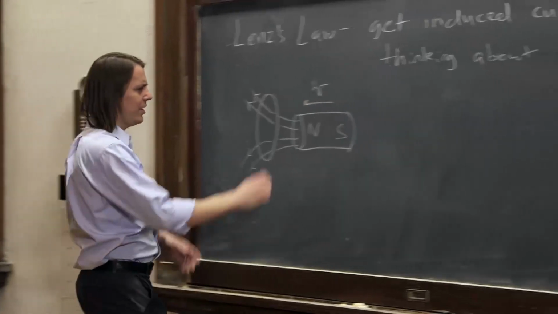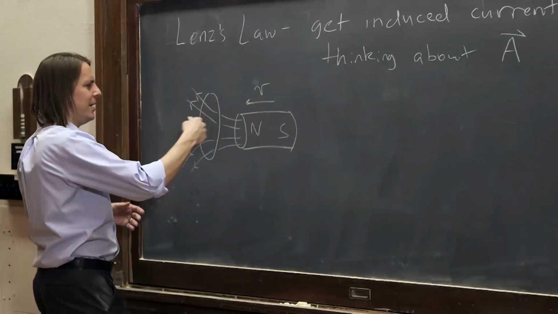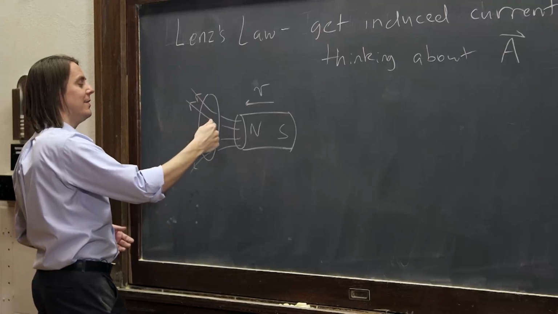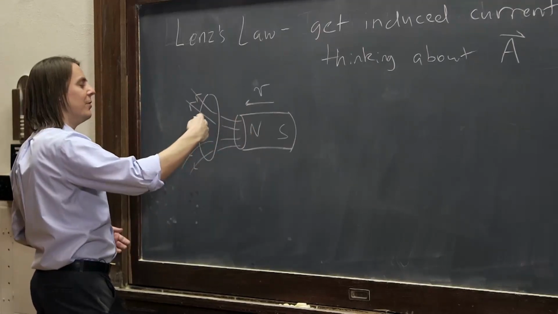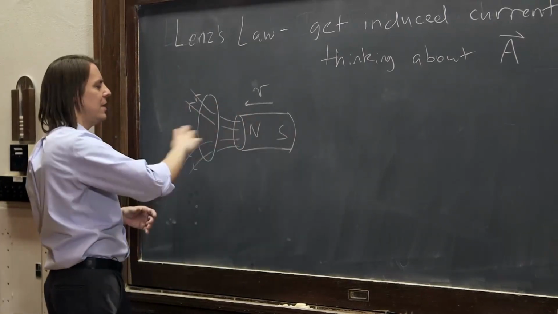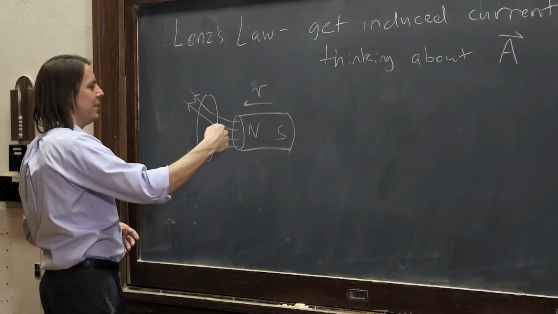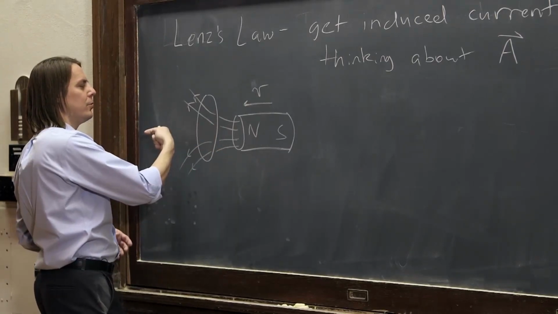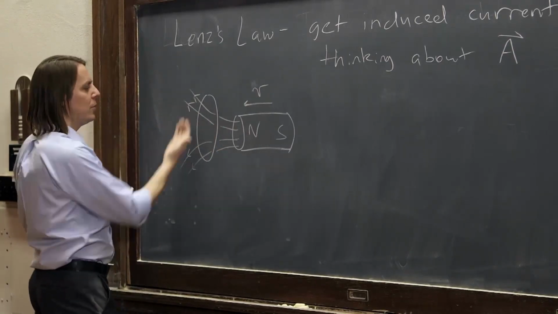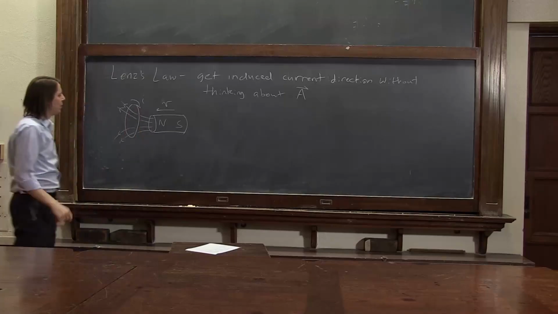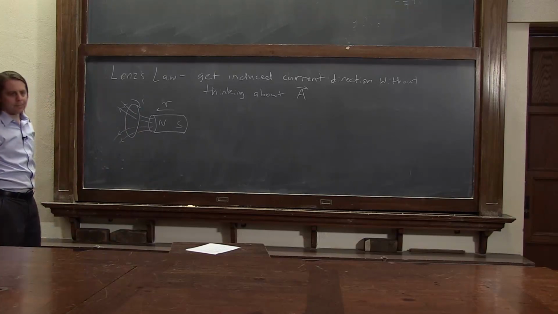If the bar magnet's moving like this, the B field is this way, and it's increasing this way. The flux of the B field this way is going up because it's getting closer to the higher intensity region. If the B field is increasing this way, then Lenz's law says the induced current will make a B that way. You can quickly do a right-hand rule and say it's like that by Lenz's law. You don't have to write all that stuff down.